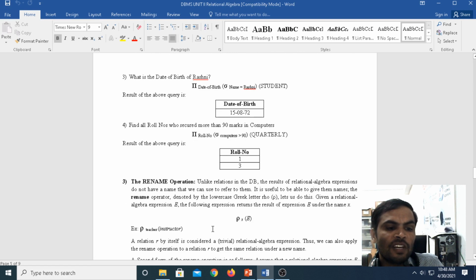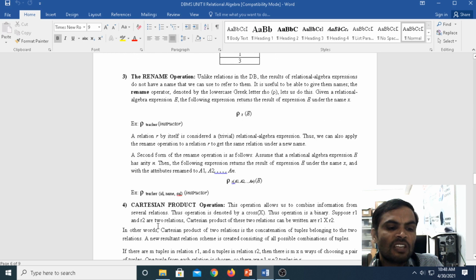Next we go to rename. If you want to give a table a new name, we use the Greek letter rho. For example, rho teacher, instructor: the instructor table already exists, and we are giving it the name teacher. Coming to the Cartesian product, we represent it with the cross symbol.